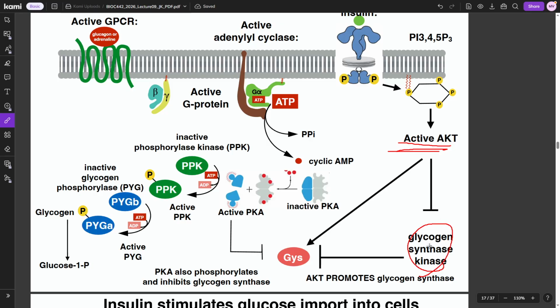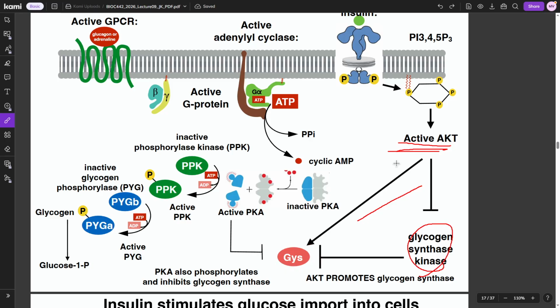We're inhibiting glycogen synthase kinase, so this does not happen. So now glycogen synthase is actually more active. So there's two things happening here. So protein kinase B does this pathway where it somehow activates glycogen synthase.